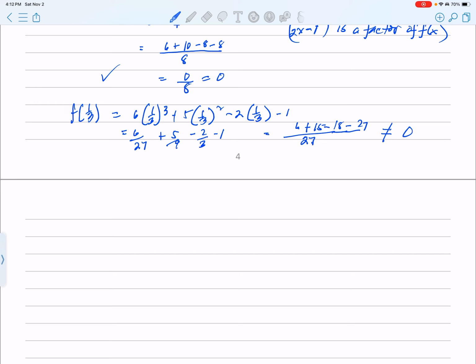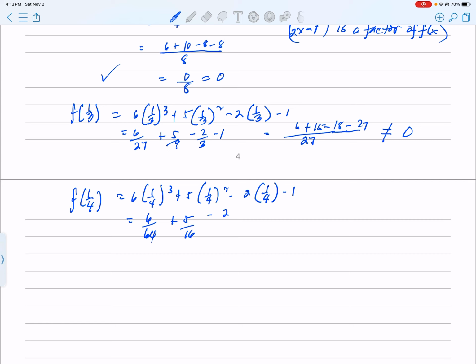And the same thing is going to happen. Let's do the 1/4. So 6 times 1/4 cubed plus 5 times 1/4 squared minus 2 times 1/4 minus 1. So 4 cubed is 4 times 4 times 4, so that's 6/64, and 5/16 minus 2/4 minus 1. I'm quite sure this is not equal to 0.